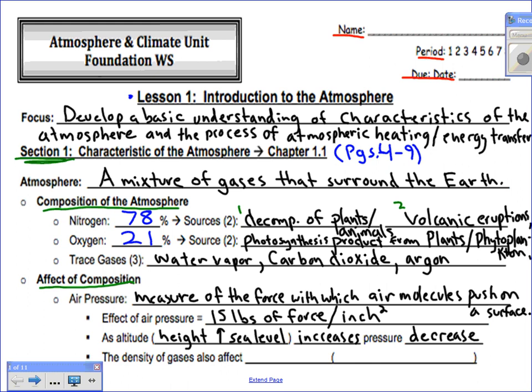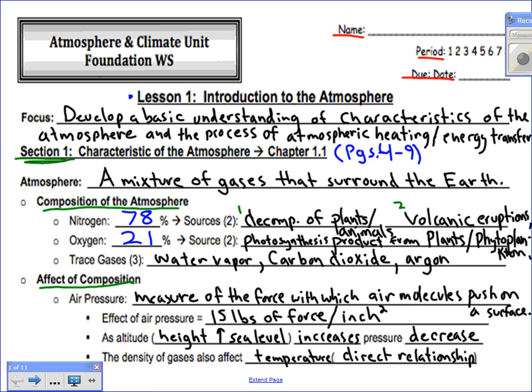The density of gases also affects the temperature, which is a direct relationship. So we'll write: affects temperature, direct relationship. Now, how is this a direct relationship?